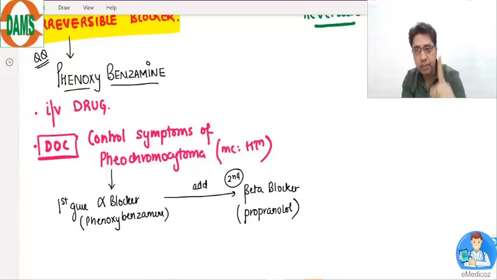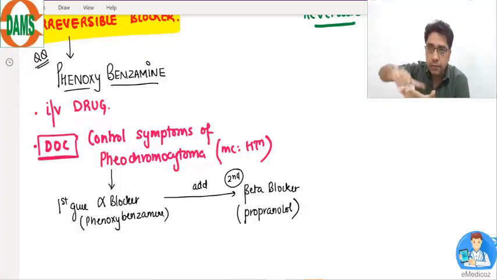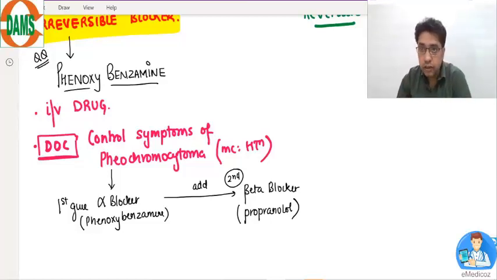Because if you first add beta blocker, what will happen to blood pressure? Alpha receptors are free, epinephrine will act on alpha receptors and the blood pressure will shoot up. Okay, so first you add alpha blocker, then you will add beta blocker.